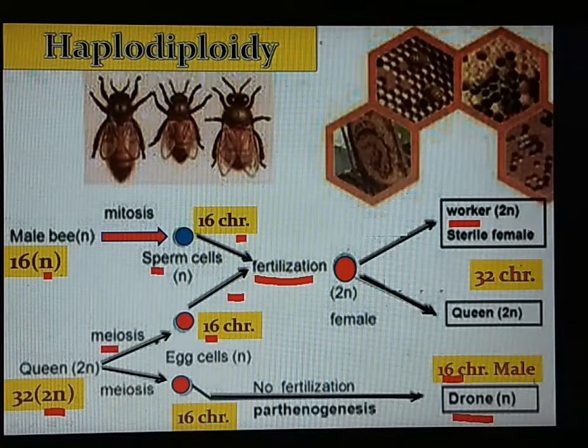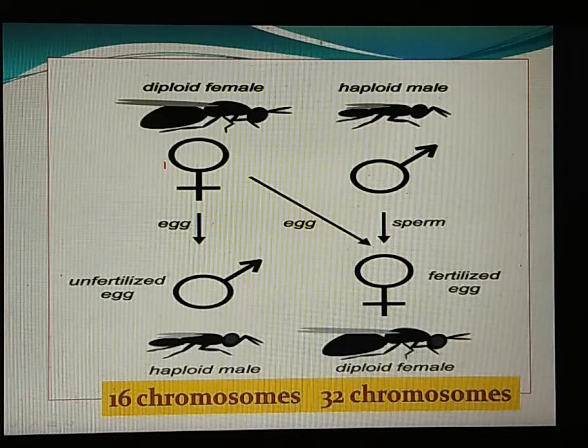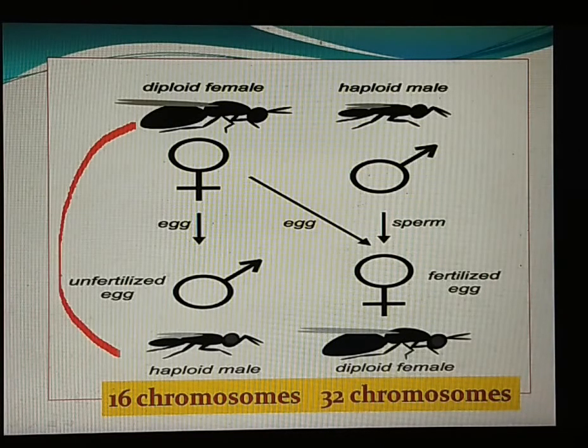So males will have 16 chromosomes, and this process by which the egg develops is called parthenogenesis. What is parthenogenesis? It is the development of a haploid egg without fertilization, producing an individual. That individual here is male. Okay. So we see here that haploid males are formed from unfertilized eggs, right?